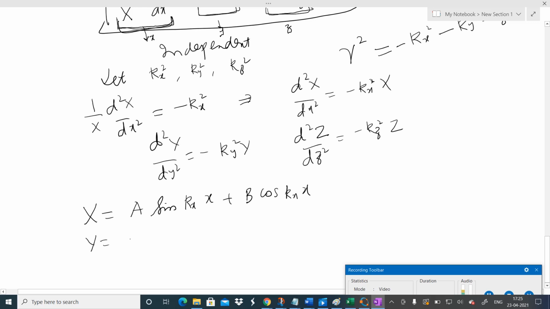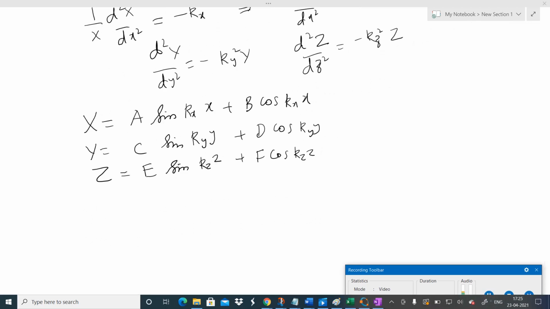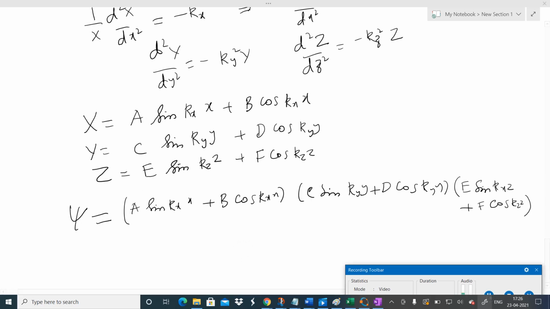Similarly, y is equal to c sine ky of y plus d cos ky of y. Similarly, z is equal to sine and cos, like this. So the total solution of the Helmholtz equation in rectangular coordinates will be psi, which is the product of these three functions, okay?